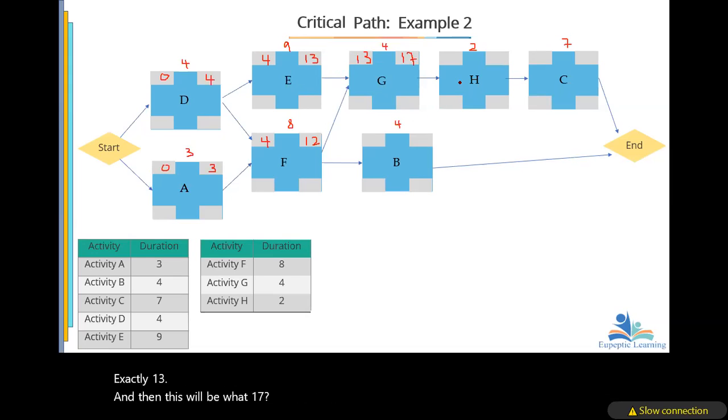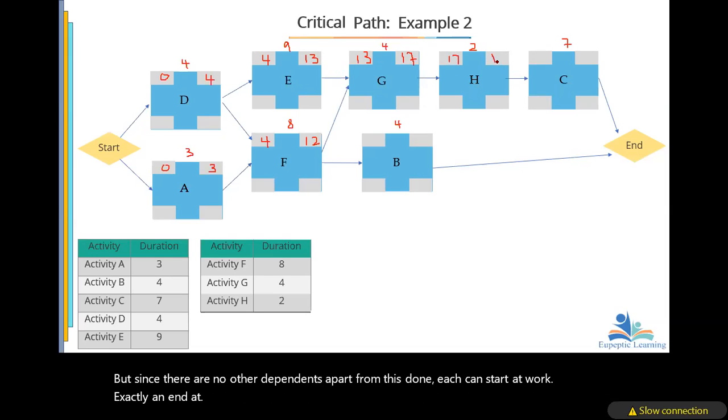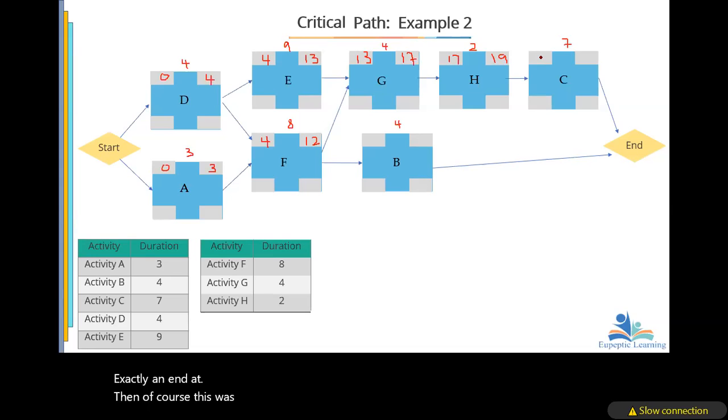Since there are no other dependents apart from this, H can start at 17 and end at 19. Then this will start at 19 and end at 26. And then it will finish.